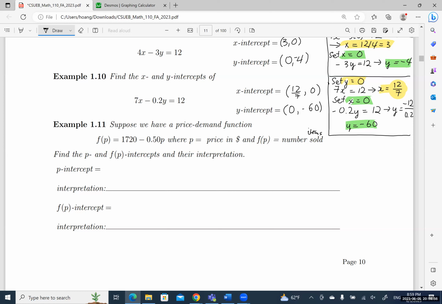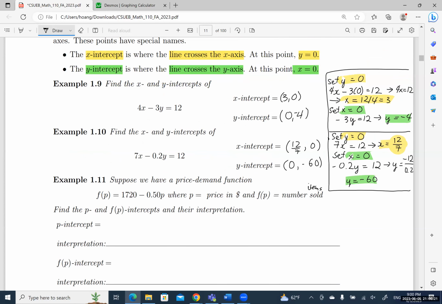So let's find the p-intercept and f of p intercept, and the interpretation. So keep in mind that when you try to find the p-intercept, you're gonna set the other one to be 0.